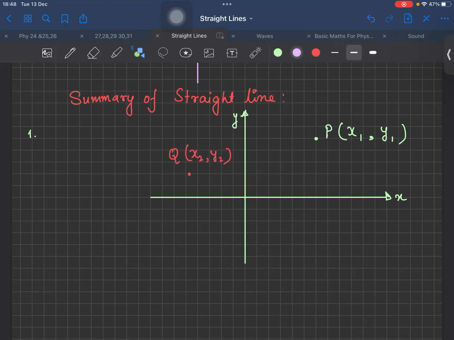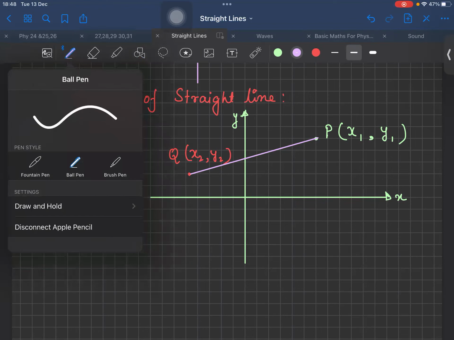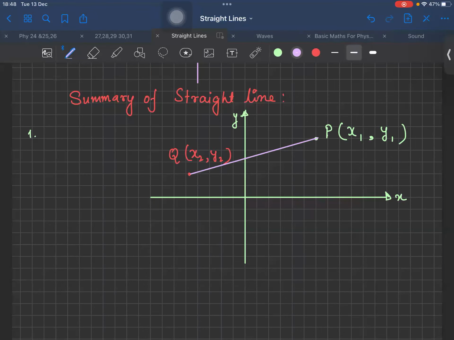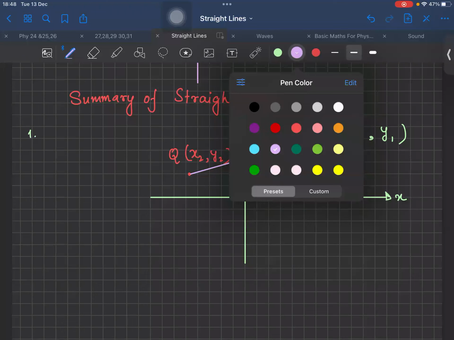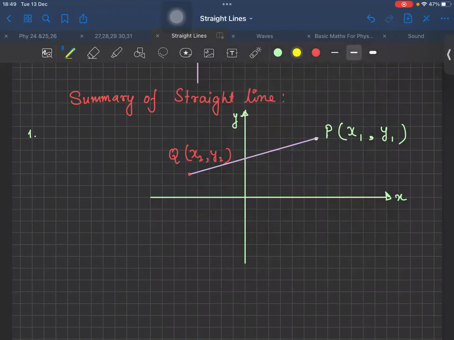If you join P and Q, you'll get a line. How do we find the equation of this line? First, we need to find the slope. Slope means if you extend this line, let's extend the same line.